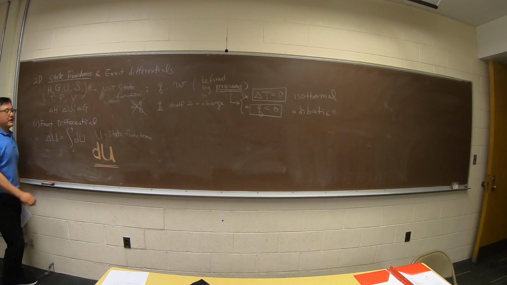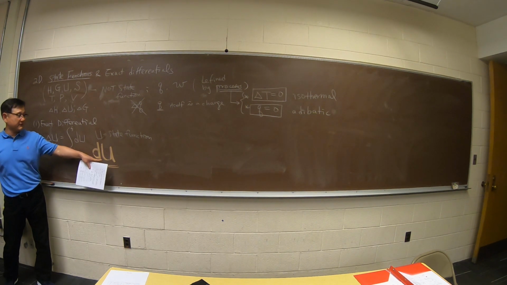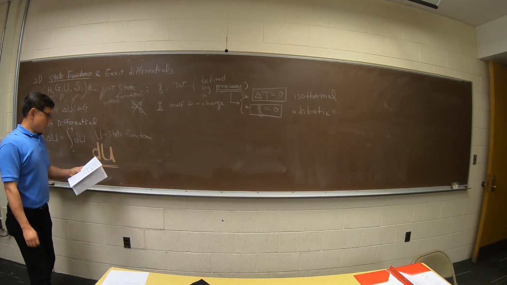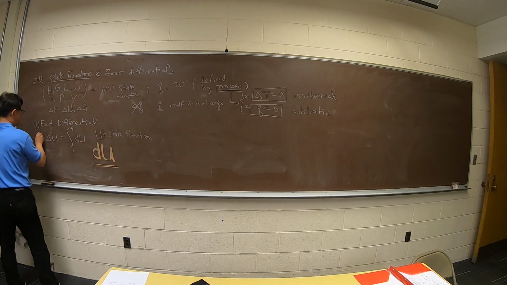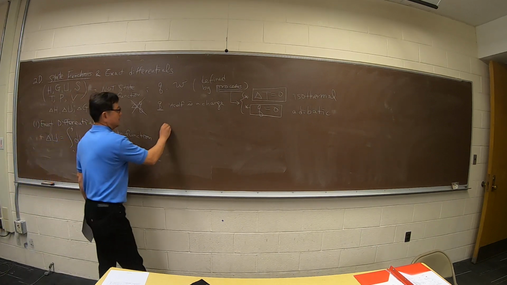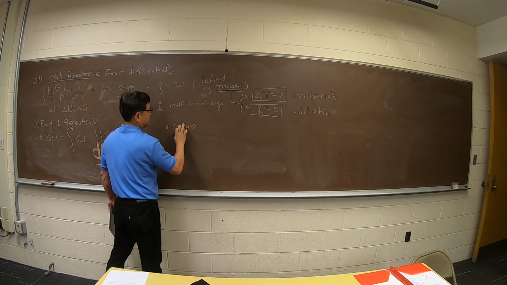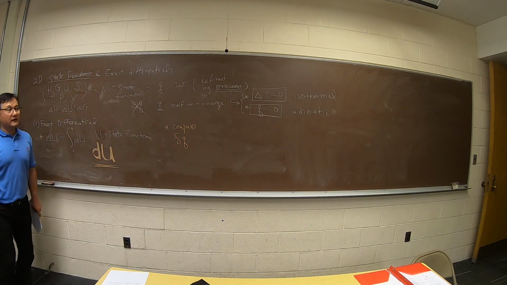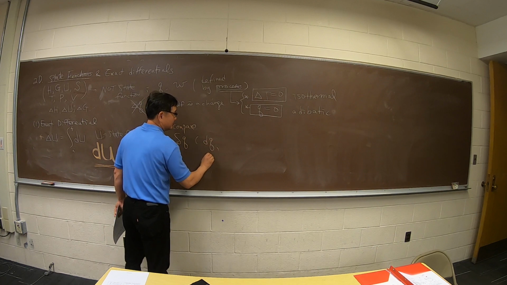So when you have a small change, a differential small change in the state function, we use this symbol d. I want you to compare that with what we are using here. And I hope you are not using this symbol.